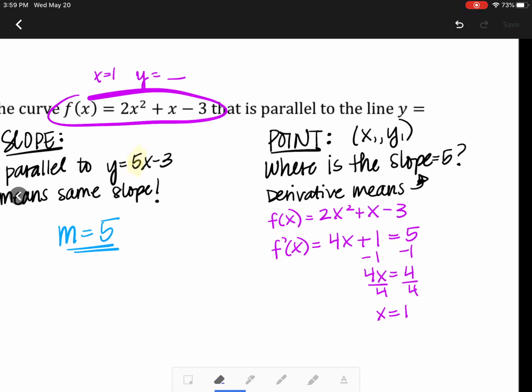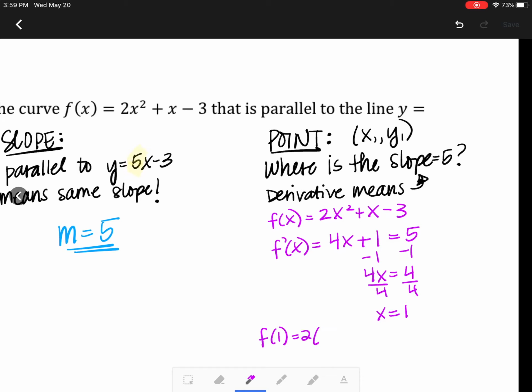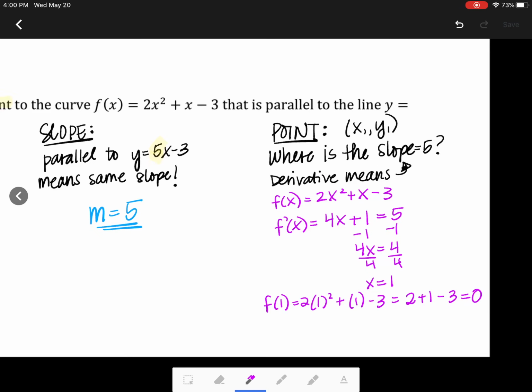Let's plug it in. f of 1 is 2 times 1 squared plus 1 minus 3, or 2 plus 1 minus 3, or 0. So there we go. We have our x comma y now. This is 1 comma 0.